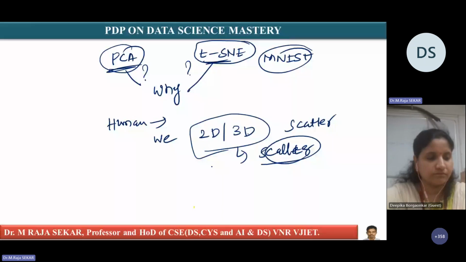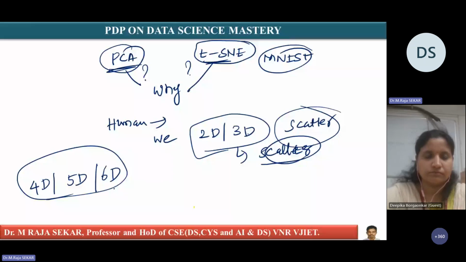Humans can visualize things in 2D and 3D by using scatter plots. If you have data with 4, 5, or 6 dimensions, you can visualize it by using pairwise plots in Python or in R programming. Last week, our Professor Manoj discussed this. You can visualize 4D, 5D, 6D data by using pairwise plots.